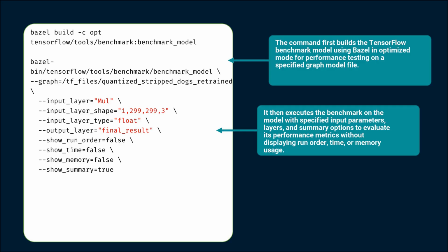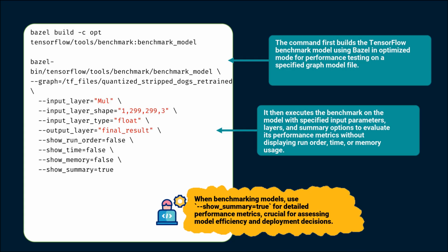Now, let's dive into the benchmarking process. Once we build the model, we can run it against our retrained models to measure their efficiency in terms of floating point operations per second, or flops. The command will specify the graph file of our retrained MobileNet model as the input, along with crucial parameters like the input layer and its shape. Here's a pro tip.